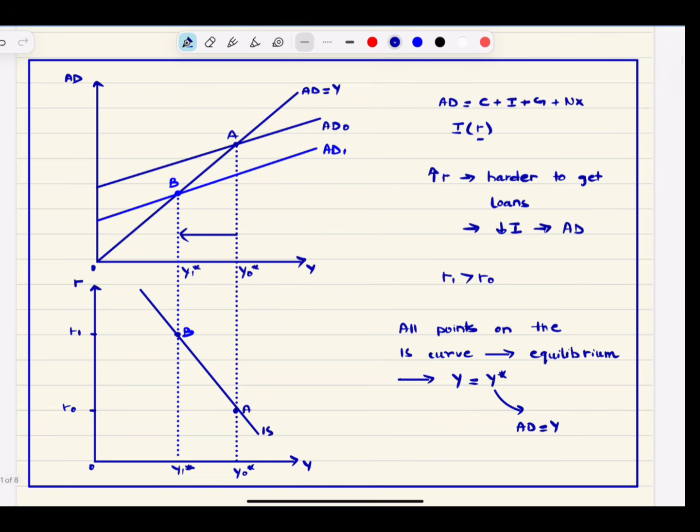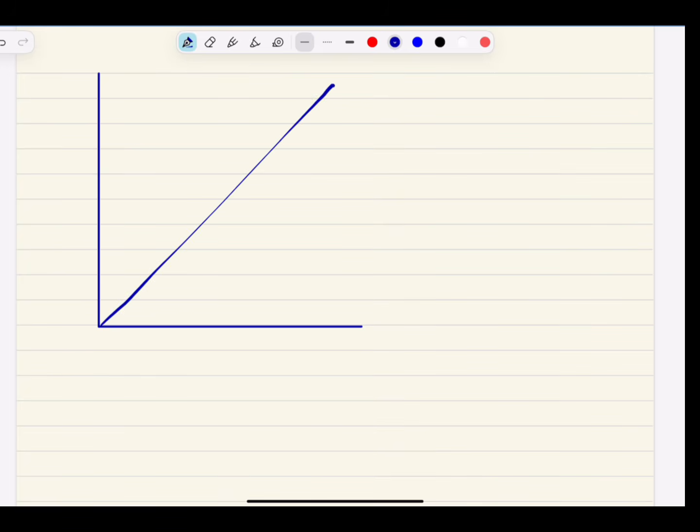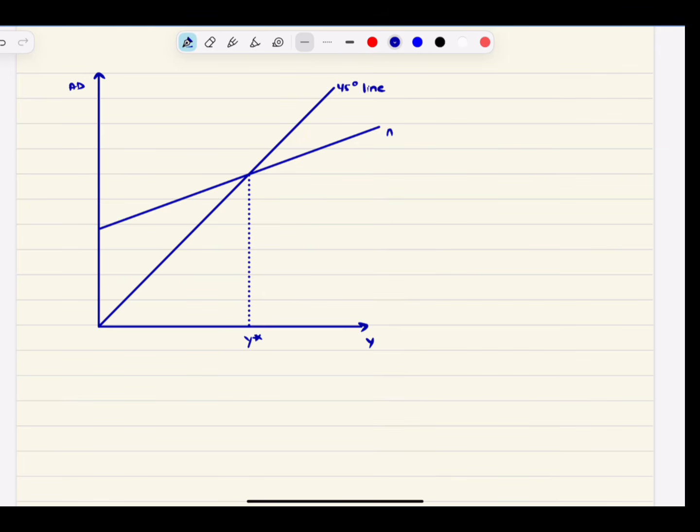Okay, moving on to the next concept. Now that we have the Keynesian cross diagram, let's pay more attention to it and see how output behaves around this equilibrium. Suppose this is my equilibrium. I'm interested in how output behaves when it deviates from this equilibrium. This is my 45-degree line, and this is my aggregate demand.